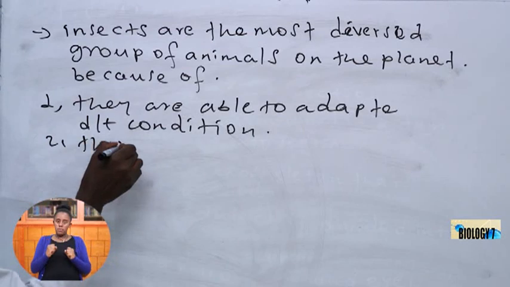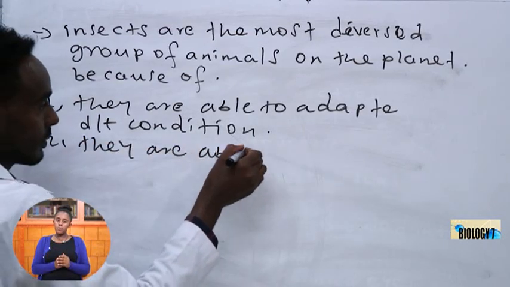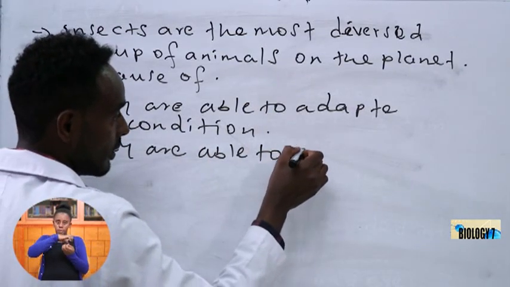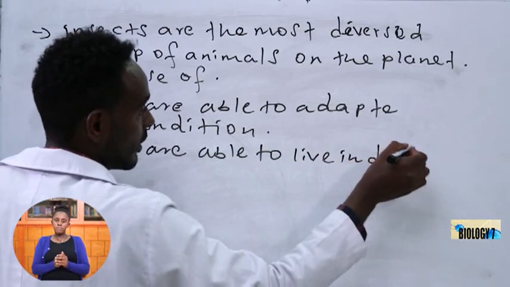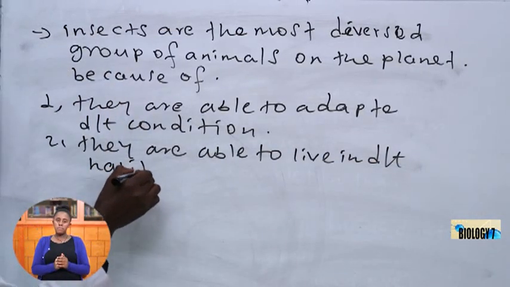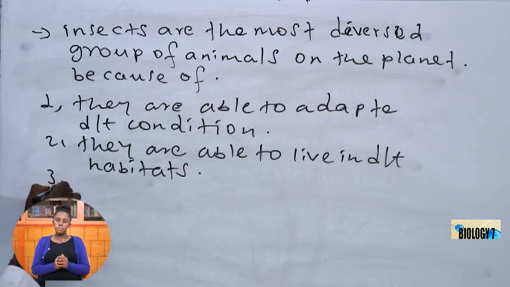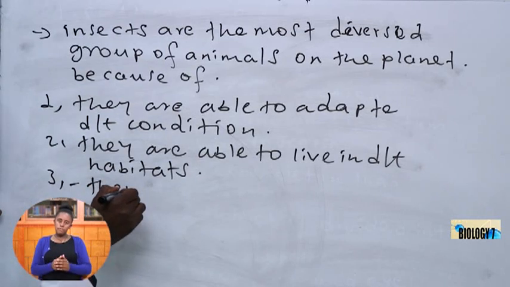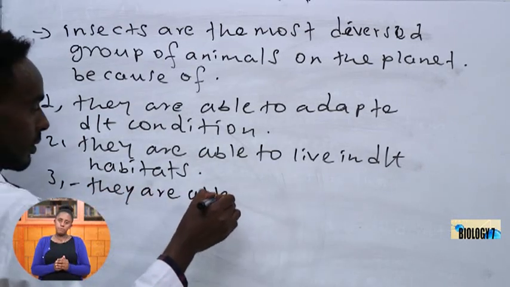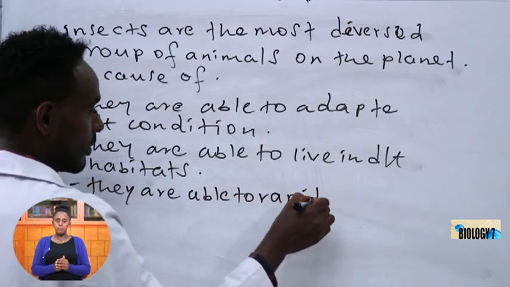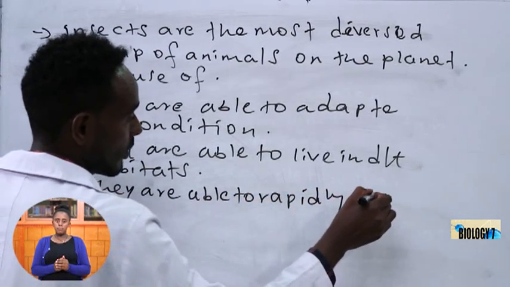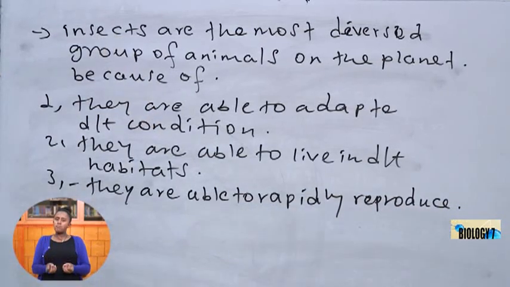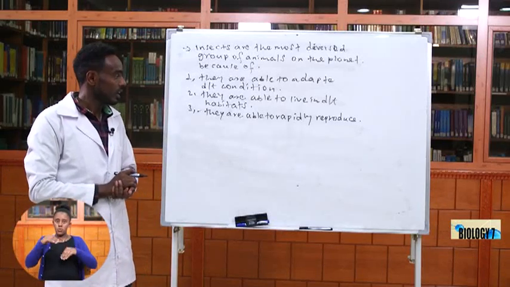They are able to live in different environments. They are able to rapidly reproduce. This is the reason why insects are the most diverse group of animals on the earth.